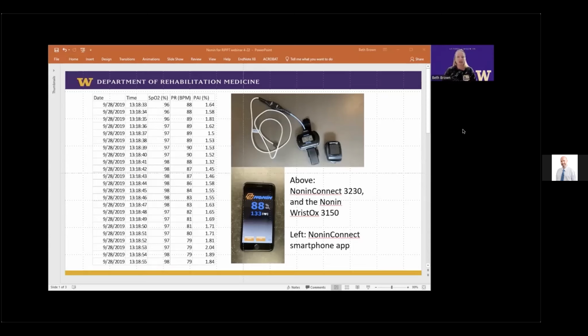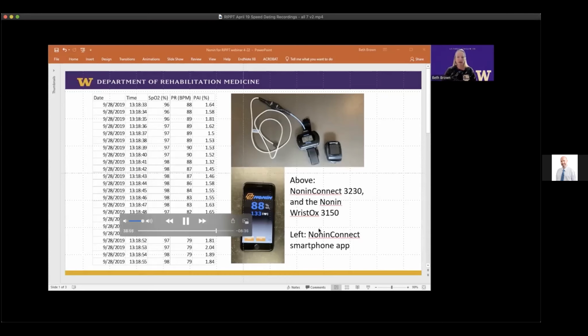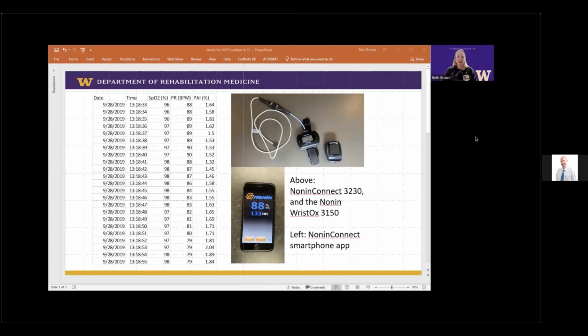And they both use a pure sat signal processing algorithm by Nonin. And like I said, the major difference is the fingertip piece is smaller for the wristox. This little piece is smaller than this somewhat bulkier piece on the fingertip.